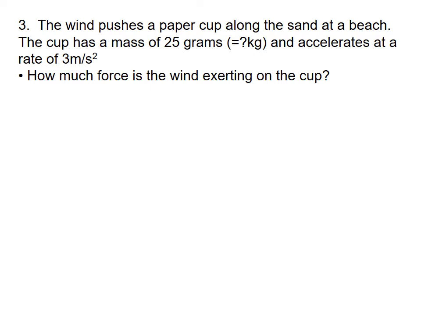On number 3, it says the wind pushes a paper cup along the sand at a beach. The cup has a mass of 25 grams. We need to know kilograms, so we'll have to do that first, and it accelerates at a rate of 3 meters per second squared. What is the force? So we know we're going to solve for force, but we know that mass in the force equation has to be in kilograms.